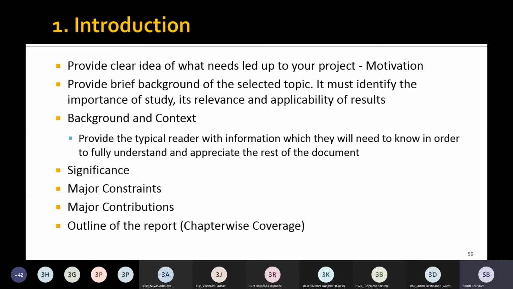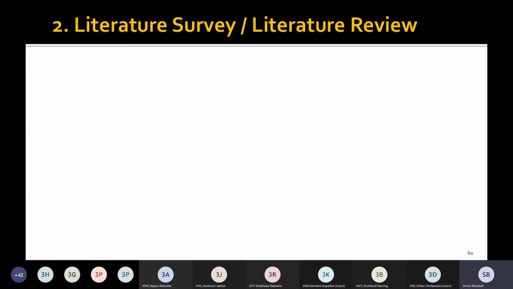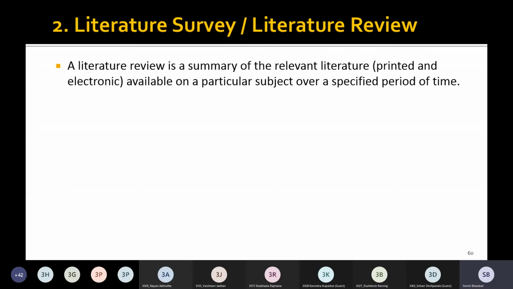Now let us move ahead with the second chapter in our report, and that is literature survey or literature review. In fact, while writing the project proposal, we have provided a literature review. So we are going to use the same literature review, no doubt. It is a summary of the relevant literature that is available on the project topic over a specified period of time.